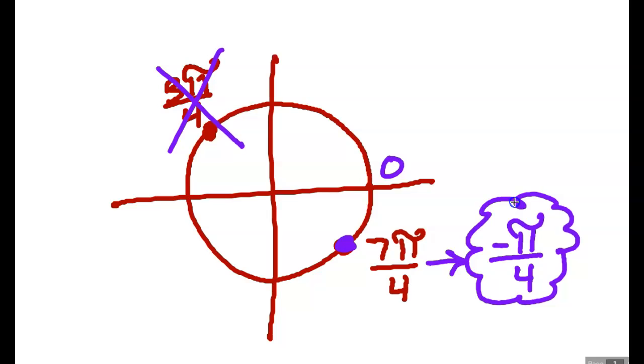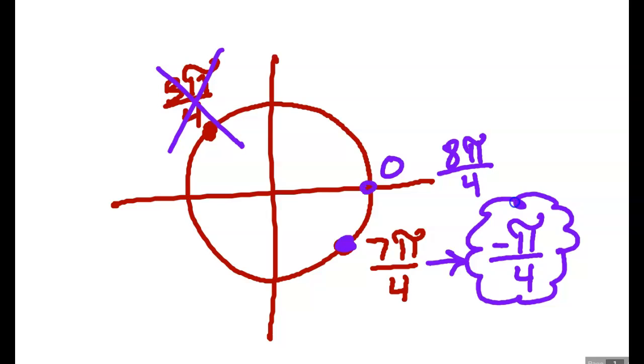So if we're thinking about this entire unit circle in terms of fourths, if I was to go all the way around the circle, this 0-degree angle could also be written as 8 pi over 4, right? That's going to come down to 2 pi. A whole circle is 2 pi.